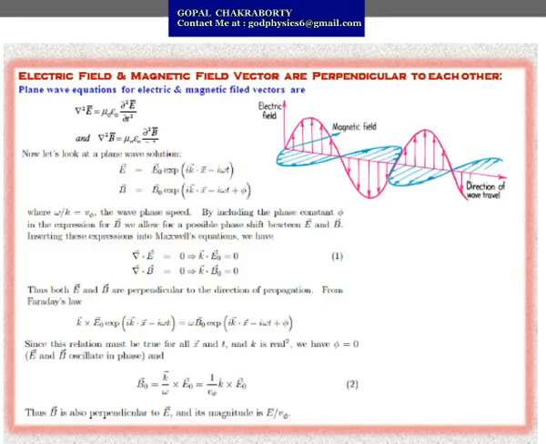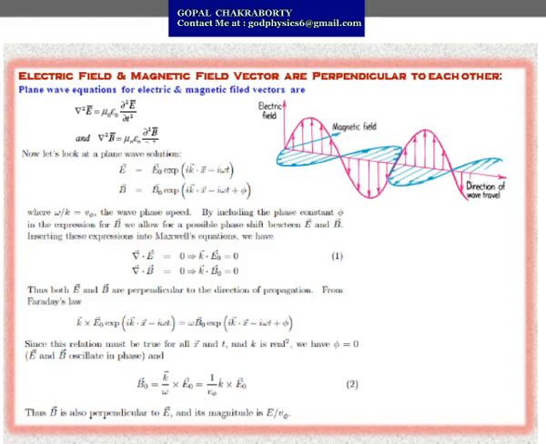From Faraday's law we can write k cross E naught exponential of i k dot x minus i omega t equals omega B naught exponential of i k dot x minus i omega t plus phi. Since the relation must be true for all x and t and k is real, we have phi equals 0.